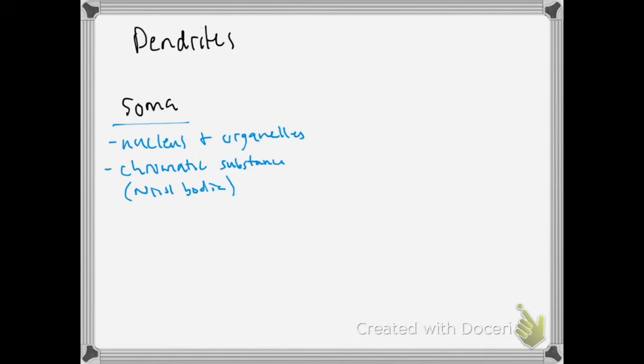Okay, so what is our chromatophilic substance or Nissl body? This is going to be a specialized rough endoplasmic reticulum. I'm going to say rough ER. If you remember, the endoplasmic reticulum makes proteins, so the proteins made by this Nissl body or this chromatophilic substance are going to be used for neural growth.